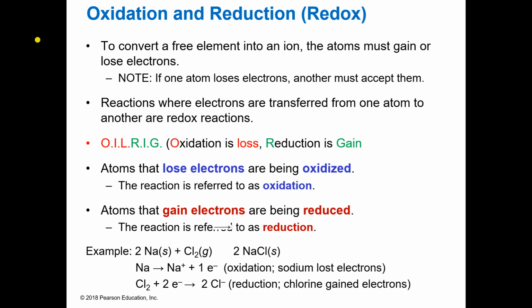So if I look at the example down here, the example is 2Na plus Cl2 yields 2 NaCl. When I look at this, I can see that solid sodium will be assigned an oxidation number of 0 because it's in its free state.